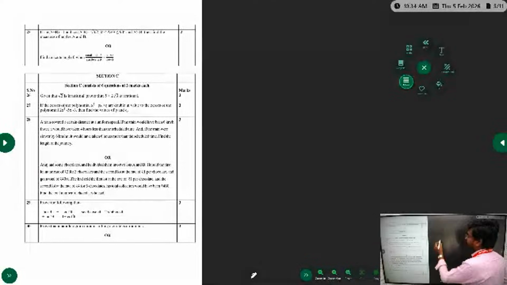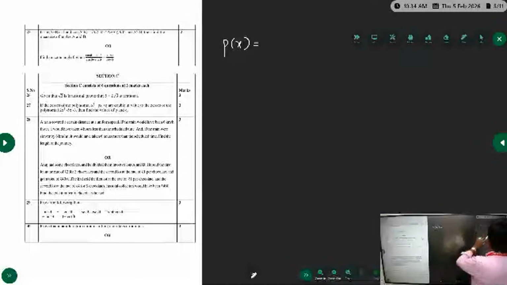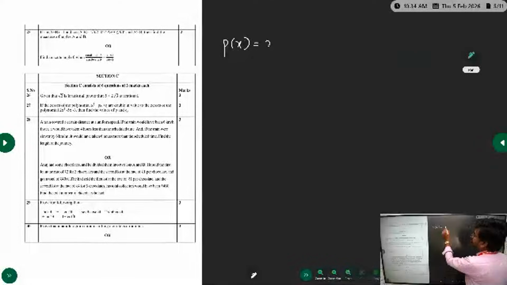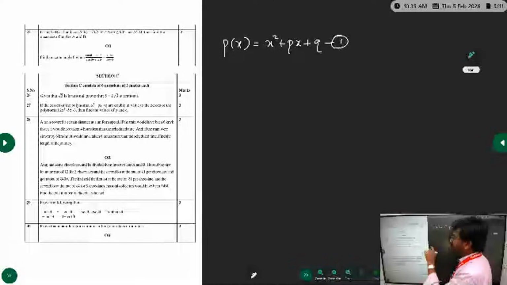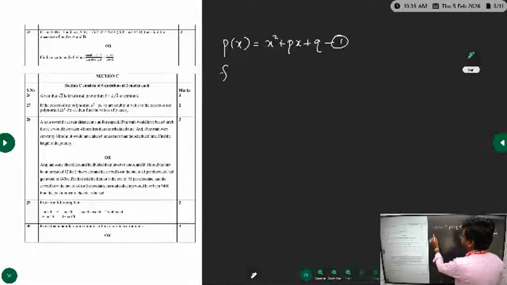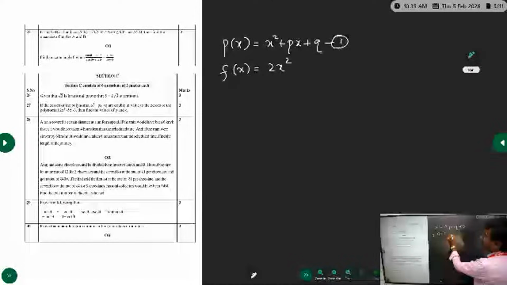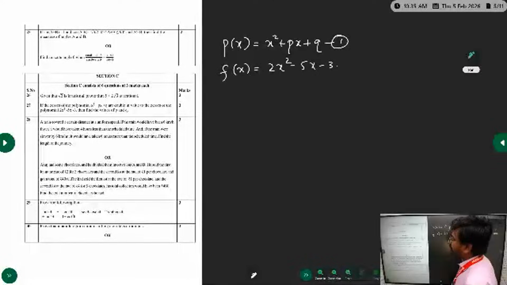The question is, if the zeros of the polynomial P of x equal to x square plus px plus q, equation 1, are double in value of the zeros of polynomial 2x square minus 5x minus 3, which is one more polynomial, I will take it as f of x, then find the value of p and q.